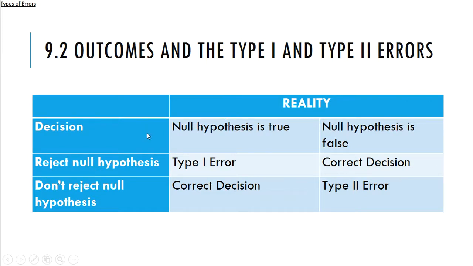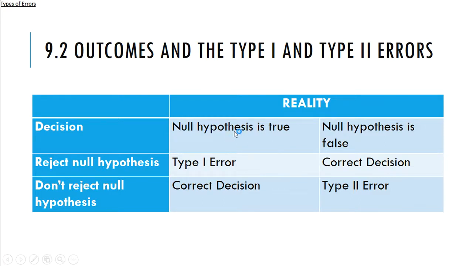Let's say your decision was that your null is true, and in reality, your null is true. If your null is true, but you reject it, you make a type 1 error. Again, if your null is true, but you say it's false, that's a type 1 error.